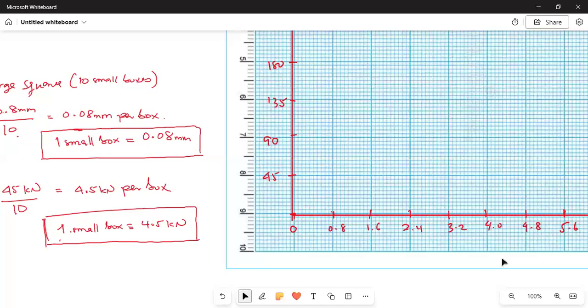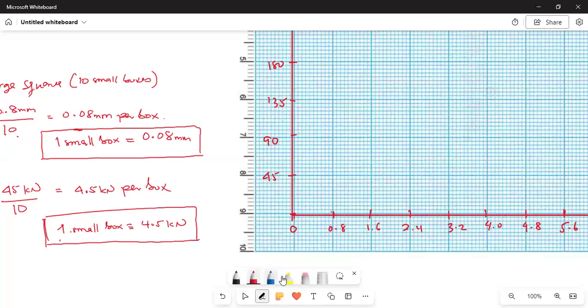Okay, now let's plot. So from the question, when we are plotting, you plot the load and the extension at a go. So the first point, I'm going to use maybe a black color.